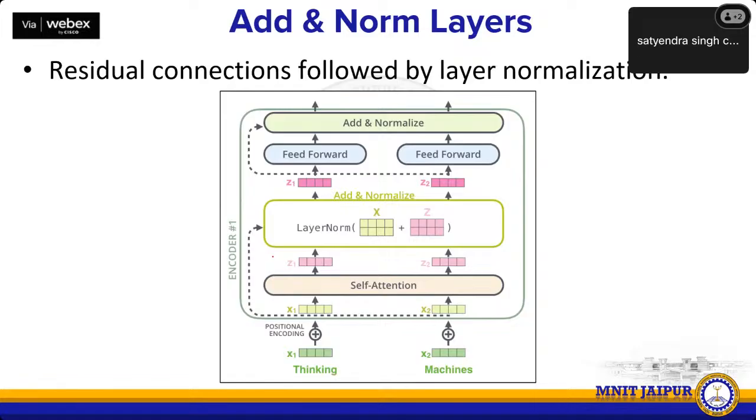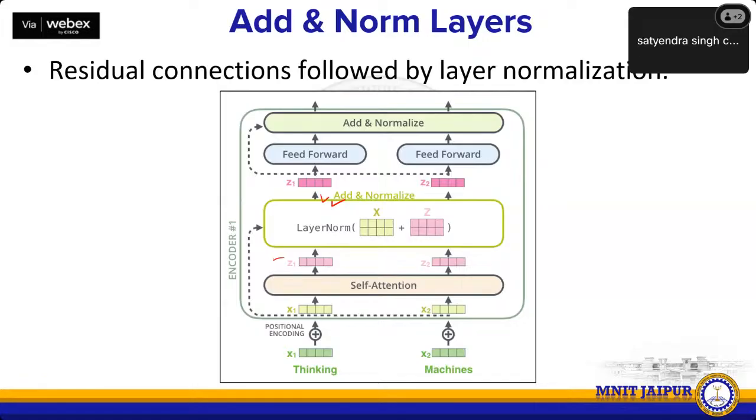Apart from self-attention where you get the Z, you have an add and normalize layer. Basically, this layer is used for normalization purposes, so that the training of the deep neural network becomes easier and computationally efficient.